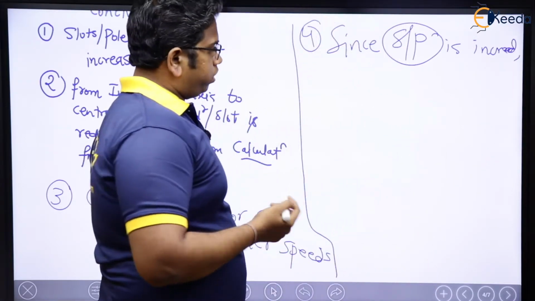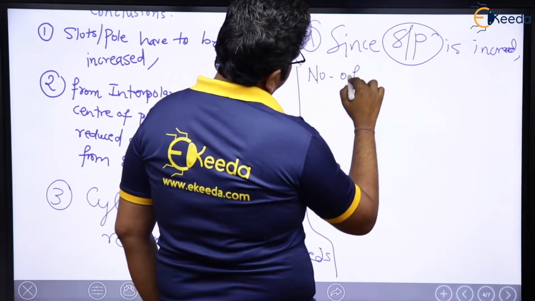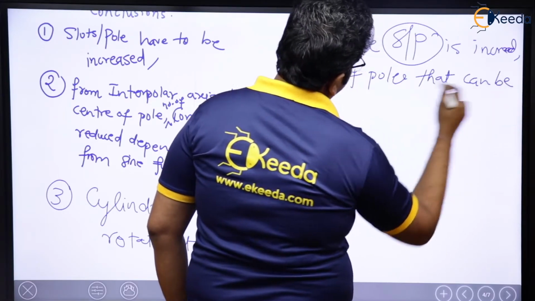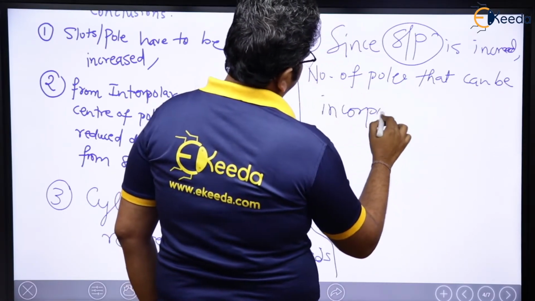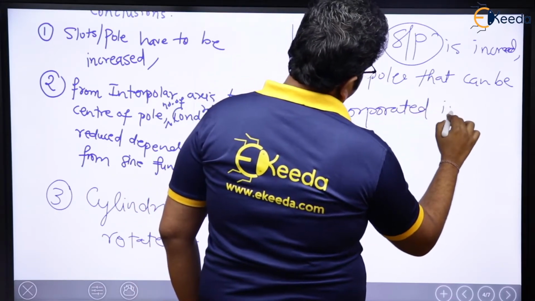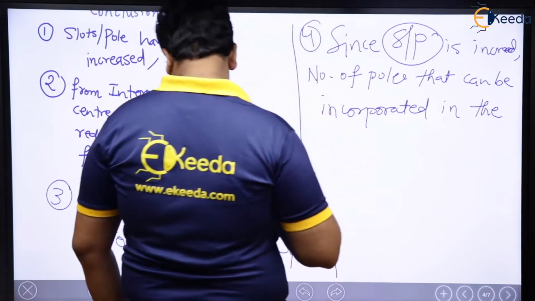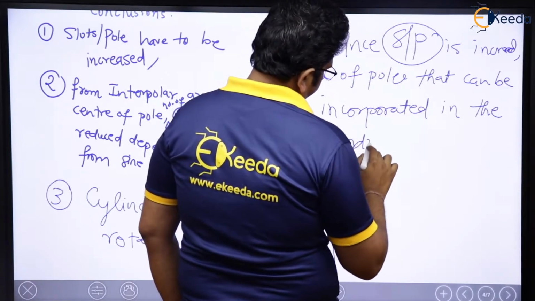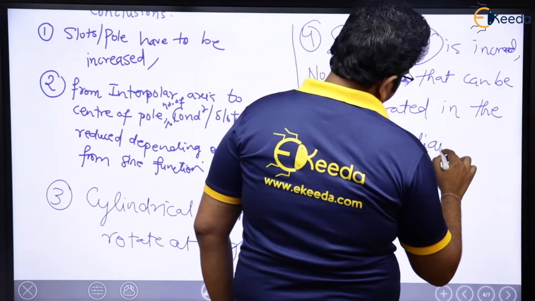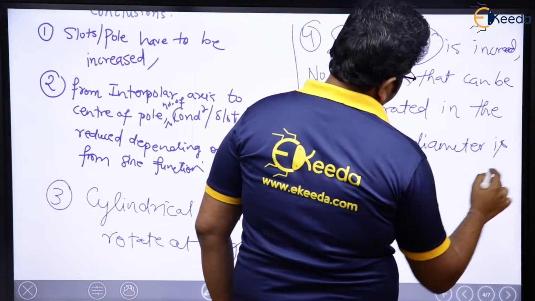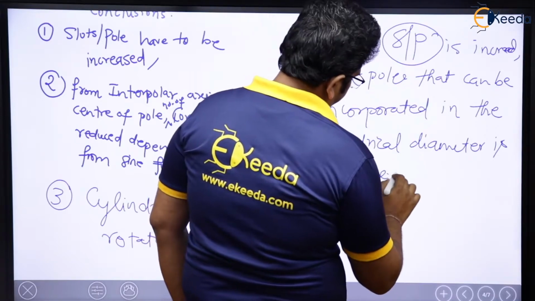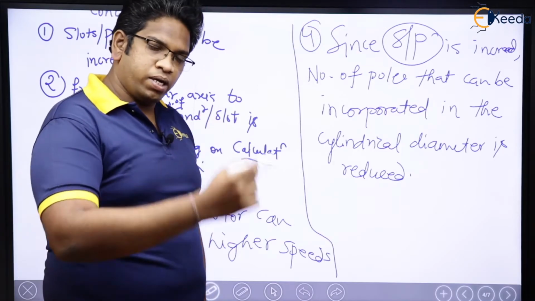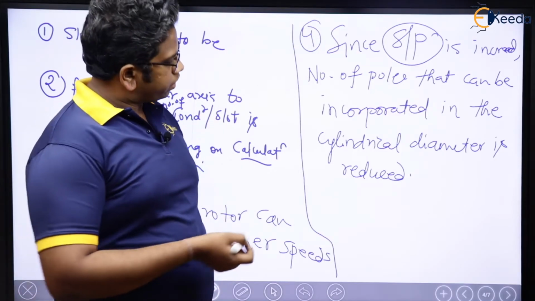Since slots per pole is increased, the number of poles that can be incorporated in the same cylindrical diameter is reduced.